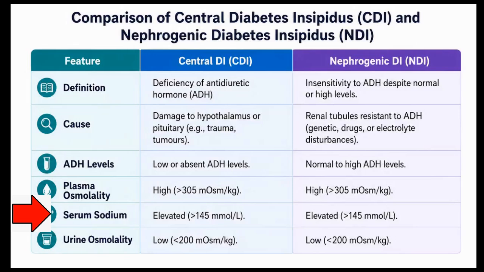Sodium becomes concentrated. Result. Hypernatremia. This also does not differentiate the two diseases. 6. Urine osmolality. Both show low urine osmolality, less than 200 mosm per kilogram. Since water is not reabsorbed, urine remains very dilute. Again, this is common to both types.